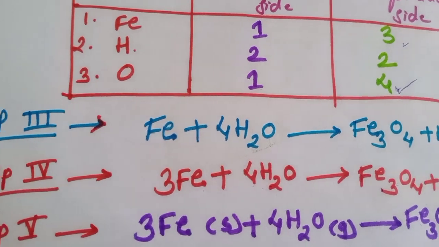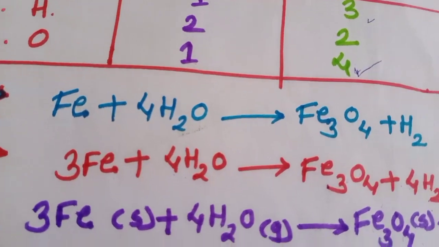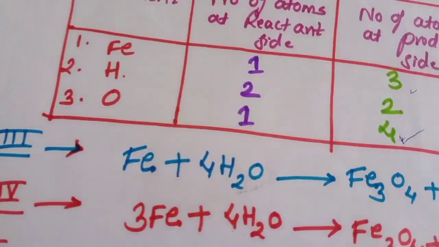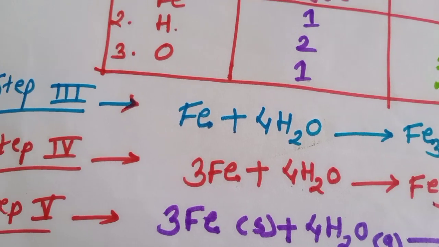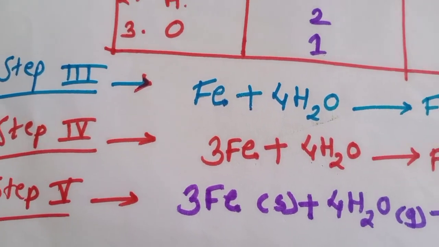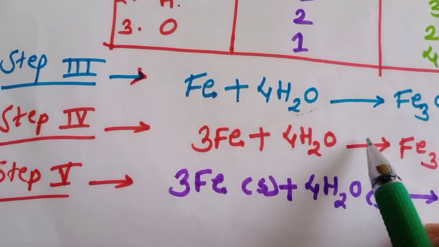The sixth step is you have to write the conditions, whether the reaction is taking place at a particular temperature or pressure. That you have to mention above the arrow. Above this arrow you have to mention. Okay.